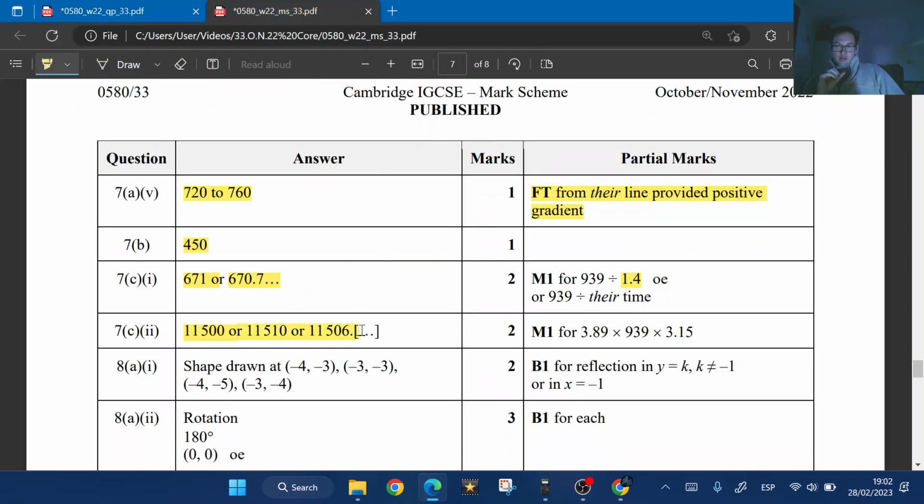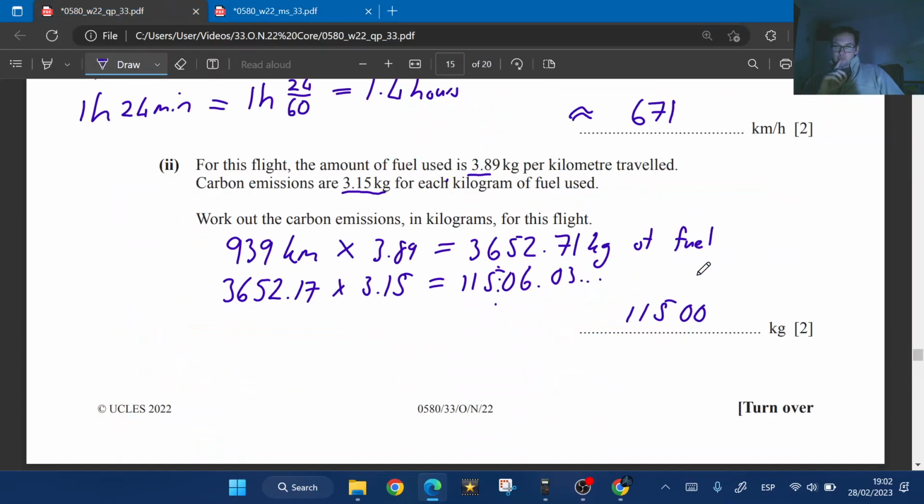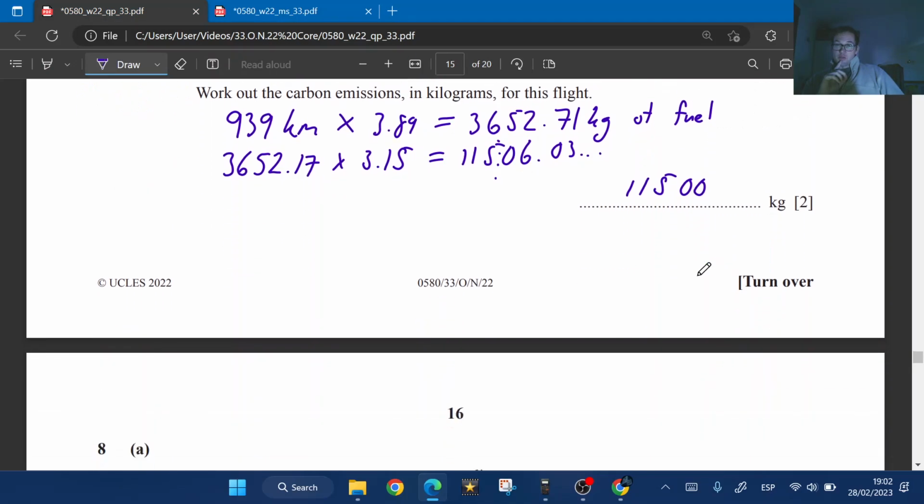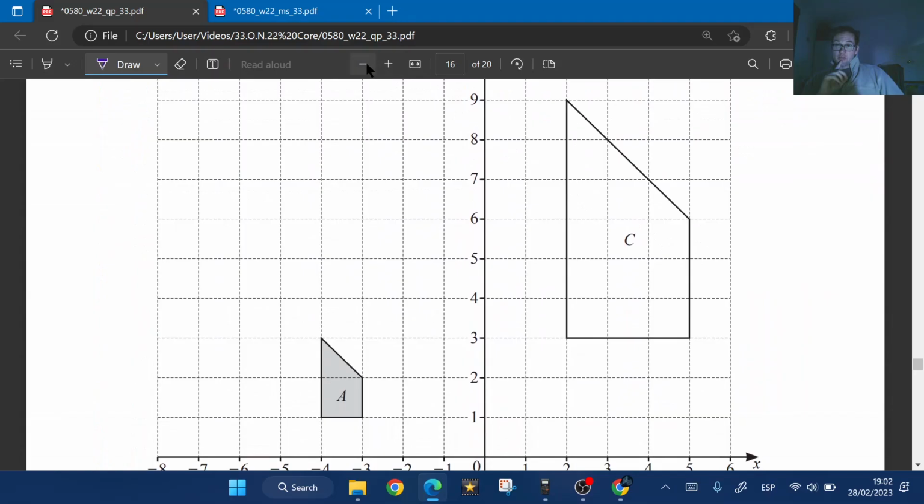Or the unrounded answer. You just need to multiply it all together. A lot of carbon emissions, man. Think again before you want to fly next time.